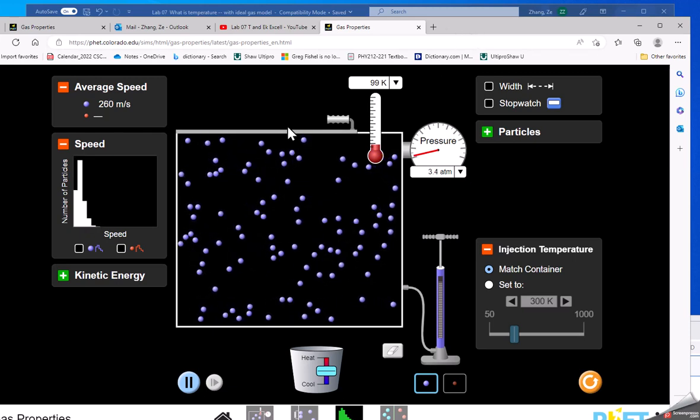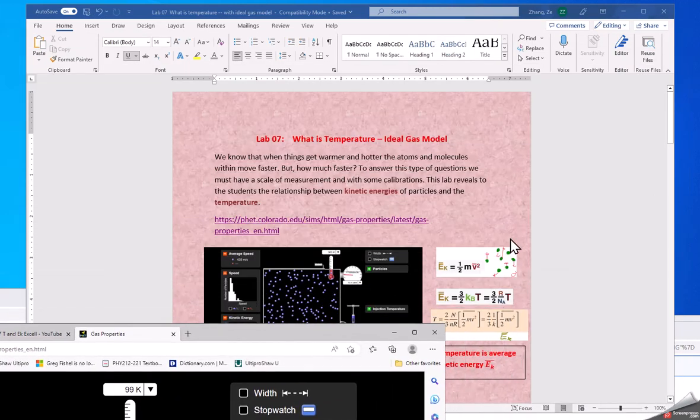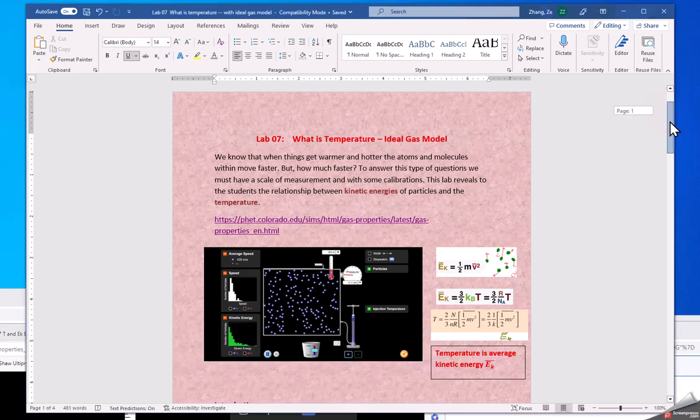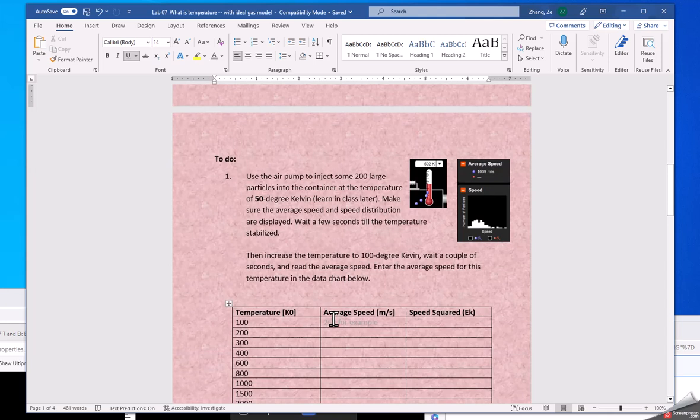So then you say, well, at 100 degrees the speed is this, and what I want you to do is insert that into this table, at 100 degrees, and then repeat this process.